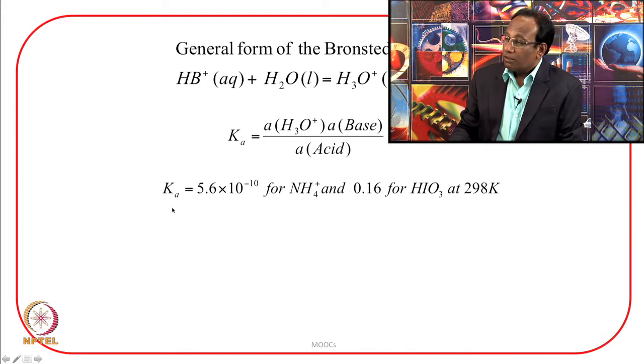Ka is very small, you see 5.6 × 10^-10 for the ammonium ion, and it is high compared to this, 0.16 is very high for HIO3 at 298 Kelvin.